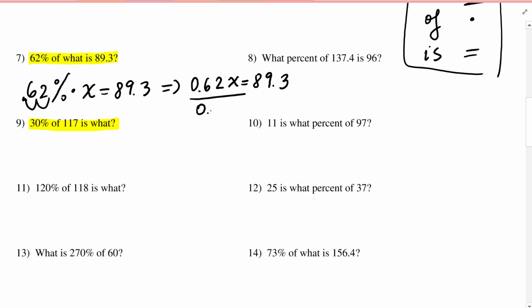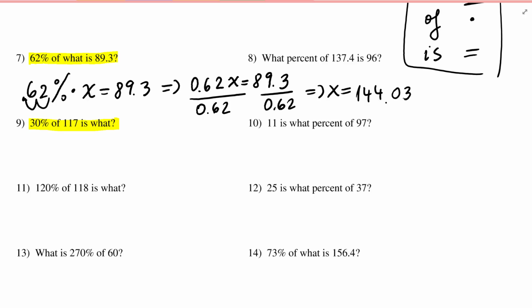We divide by 0.62 both sides, and we get x equals 89.3 divided by 0.62 equals 144.03. I'm going to round it to 2 decimals, so 0.03, because the next decimal is 2, so I'm going to leave it.